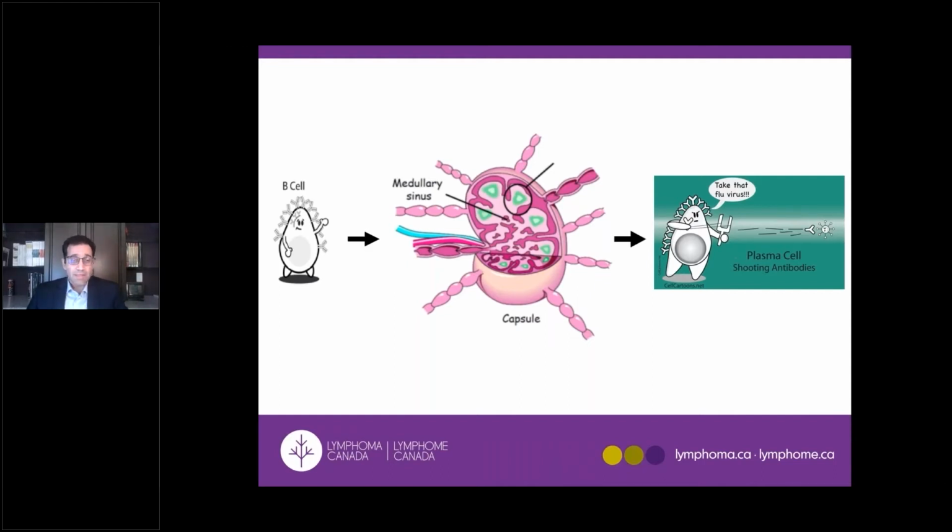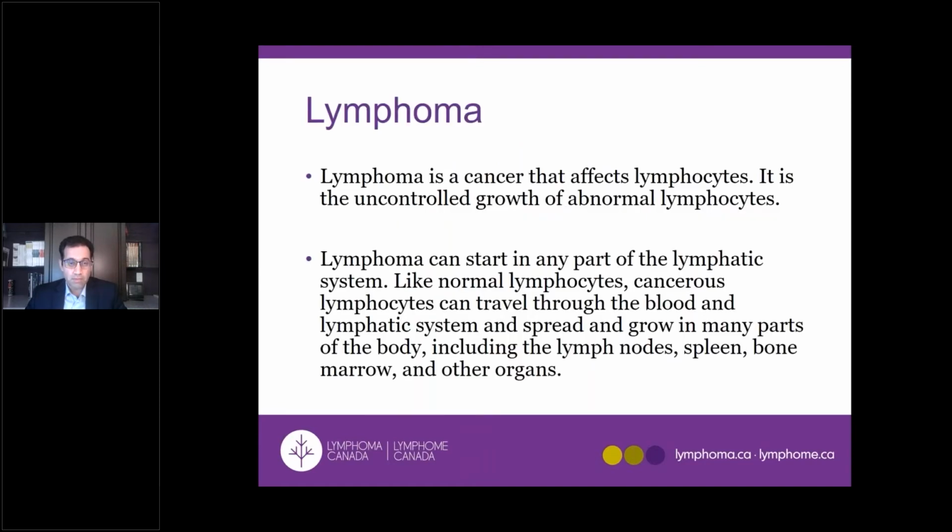Lymphoma is basically a group of B cells that decided to behave oddly, and they don't follow the order of the body. They grow in an uncontrolled manner, they start to increase in size, and they refuse to retire and die.